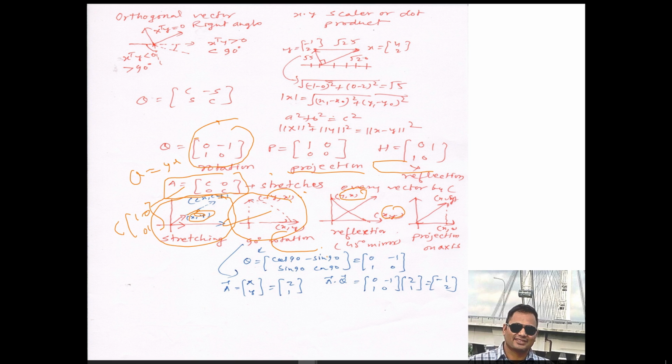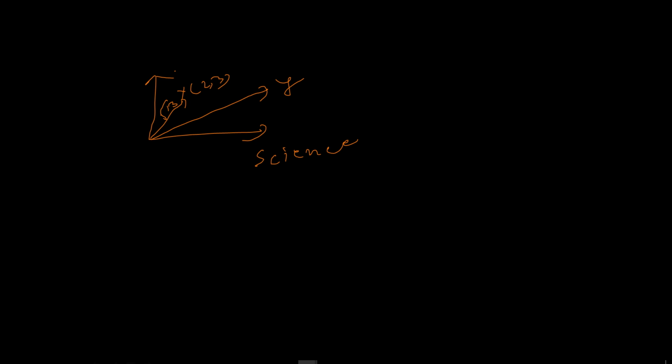Projection. Let us consider these two coordinate systems. The vector is here, root 13 is the magnitude, this is my x vector, this is my other y vector, and suppose this is the science movie, this is my art movie, and this is the rating by the person, which again is data 1, data 2, where data 1 corresponds to our science movie.